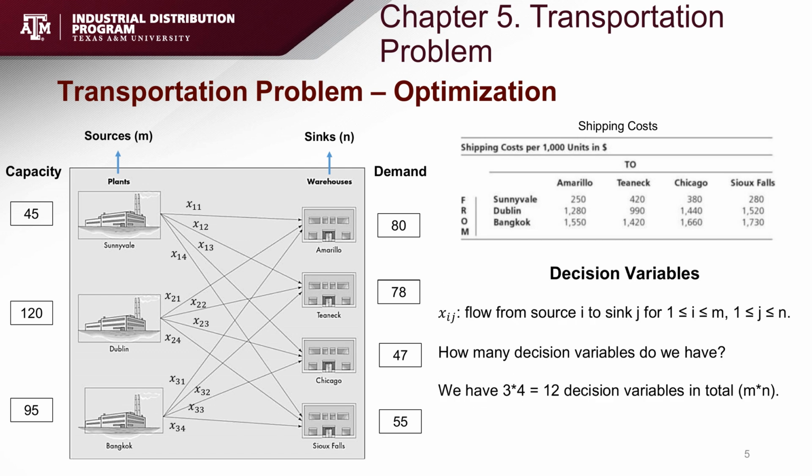Now for the part the model actually controls, the decision variables. Look at those arrows. Each one is now labeled. X sub ij is the amount of products shipped from plant i to warehouse j. So x sub 11 is the flow from Sunnyvale to Amarillo. x sub 12 is Sunnyvale to Teaneck, and on down the line.